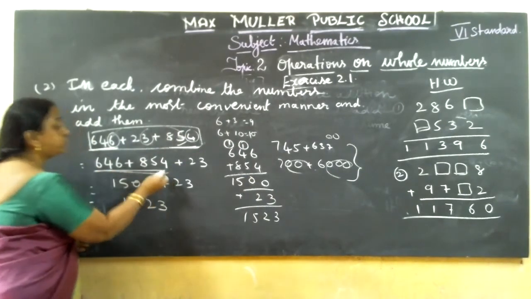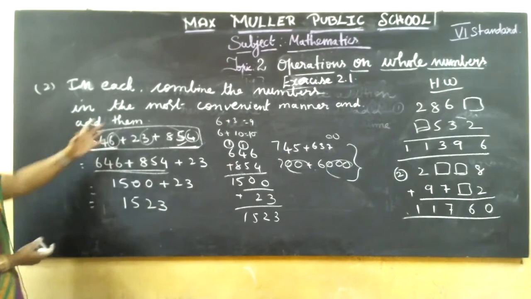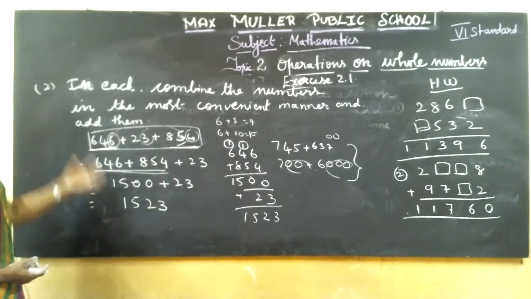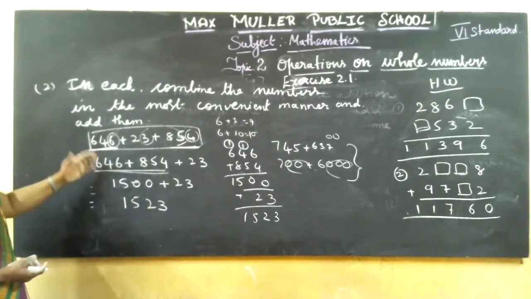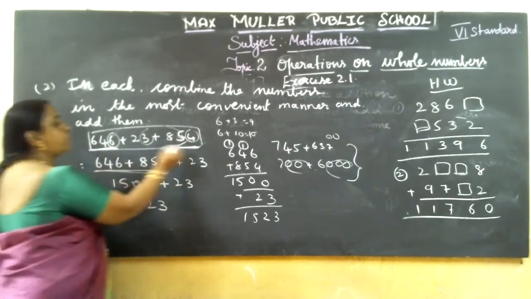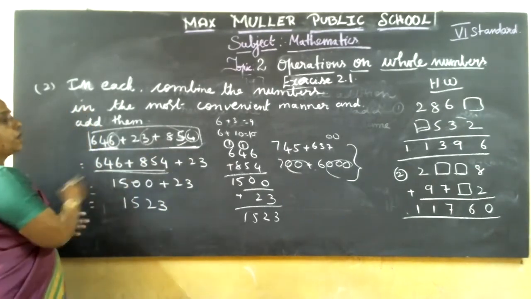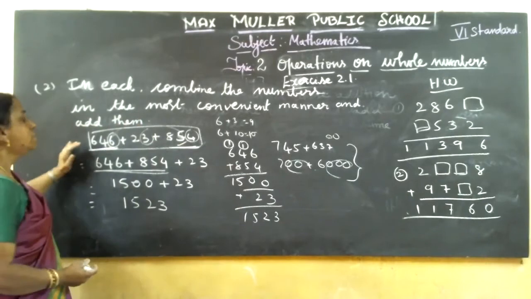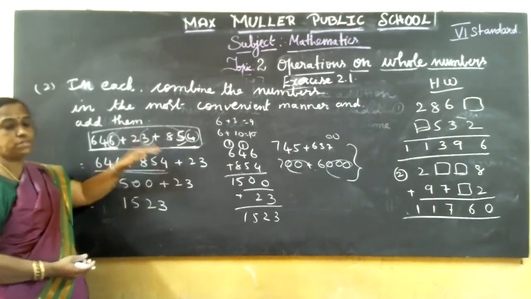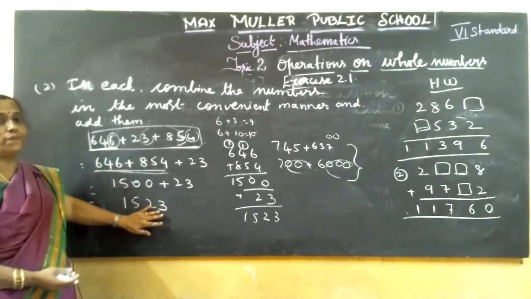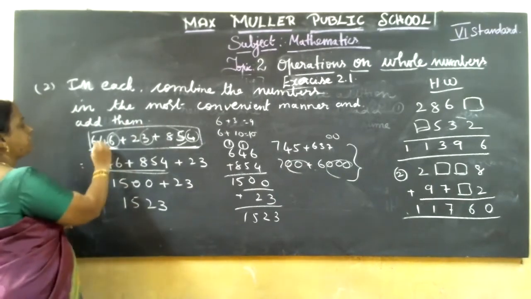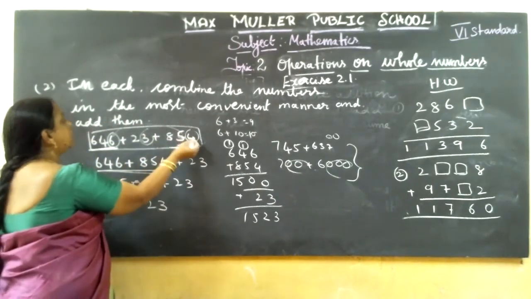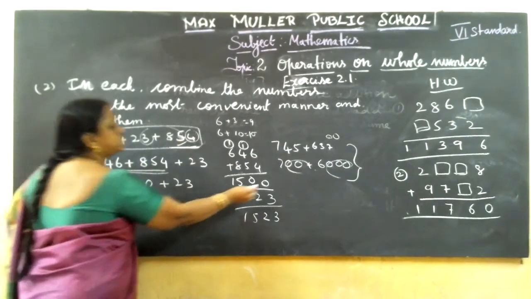So here we arrange it conveniently, meaning the two numbers which, if you add, let you do the calculation easily. So we should learn the properties. Here we can use a property. Which property do you use? Changing the order. If you change the order of the numbers in addition, it won't affect the result. So instead of adding this number first, this second, you can add these two, then you will get zeros.